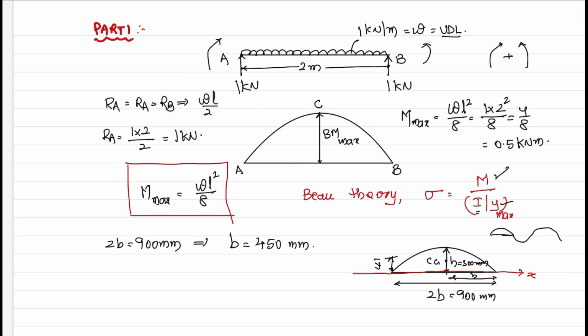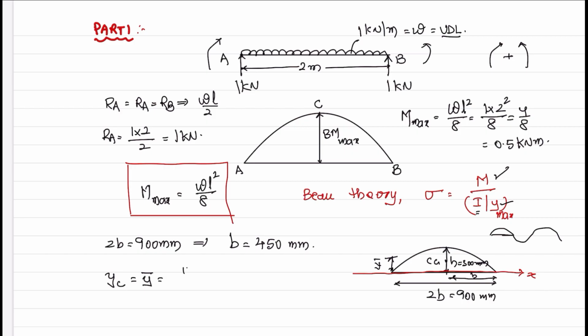That I have repeatedly told in the last 5 to 6 lectures. Please refer to my last 5-6 lectures for this. Now, what is the value of yc? That is equal to y bar. What is that value?